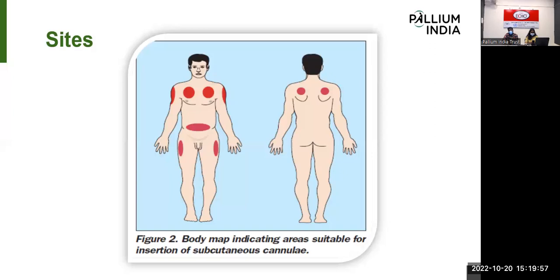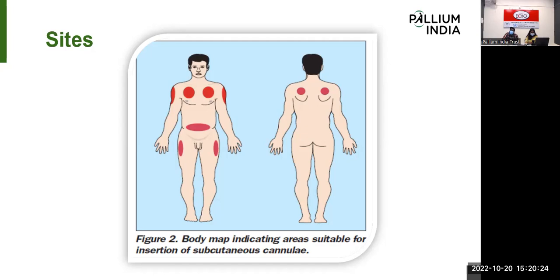But mainly in our practice, we choose the lateral aspect of both upper and lower limbs. Why? Because in a home care setting also we can educate the caregiver to practice the subcutaneous injection or maintain the subcutaneous infusions.